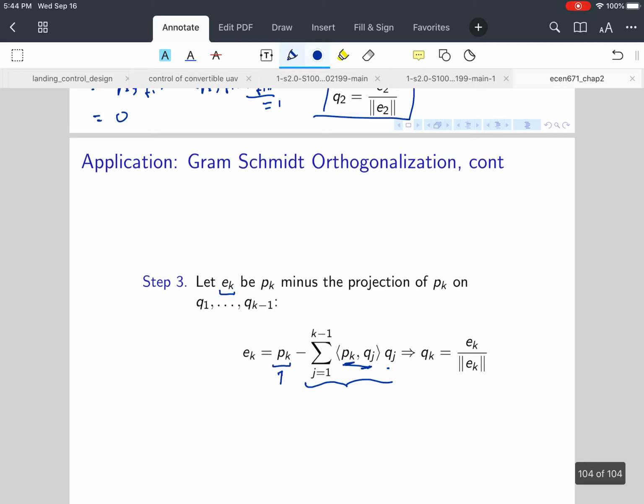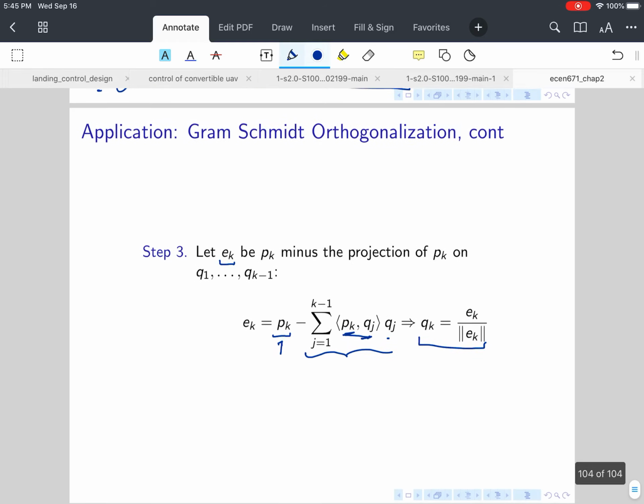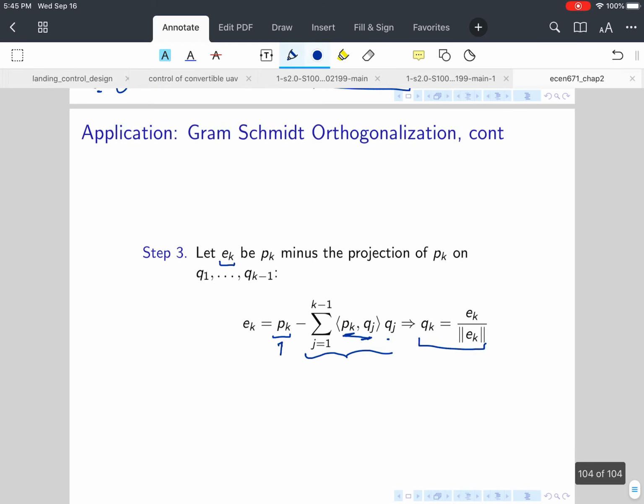And so this will be PK, and then we've subtracted out how much of PK is already described by the other elements, Q1 up to QK minus 1. So that's going to be EK, and then QK is going to be we just take the unit length. We do that until they're all unit vectors. So that is the process of Gram Schmidt orthogonalization.